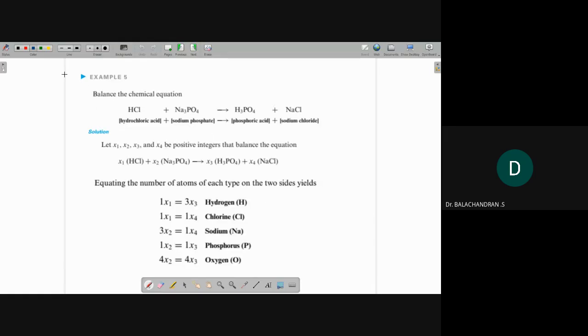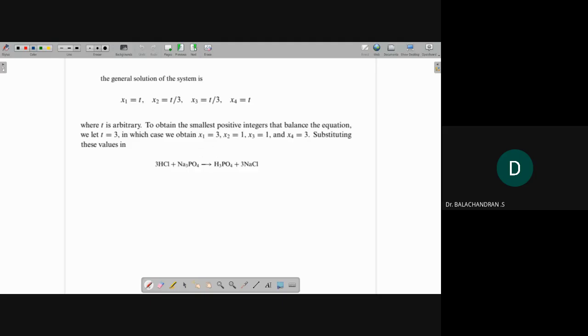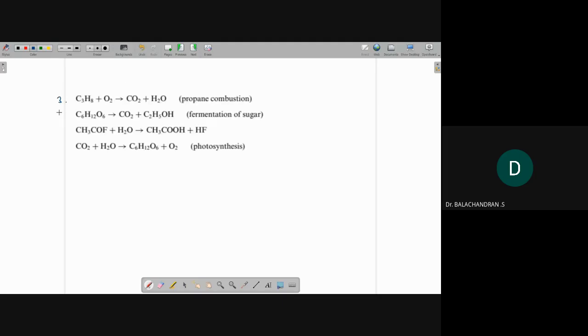The second problem is to balance the chemical equation. This is the third, fourth, fifth and sixth. So I gave 6 problems on balancing equations for practice and assignment. You should submit by coming Sunday before 10 p.m. in the GCR.